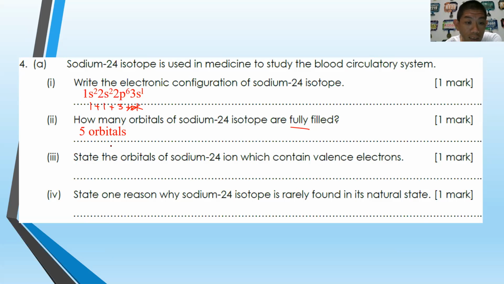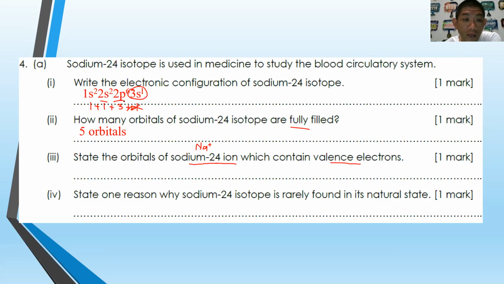Then number 3, state the orbitals of the sodium-24 ion which contain valence electrons. This is a very tricky question because now the question asks about ions. When forming an ion, sodium will usually form sodium plus. Sodium plus means that 1 electron from the 3s will be removed. So this will make the valence electrons 2s2, 2p6.